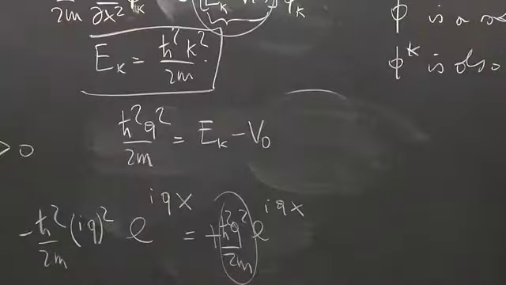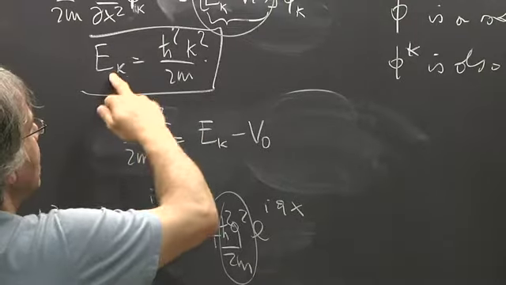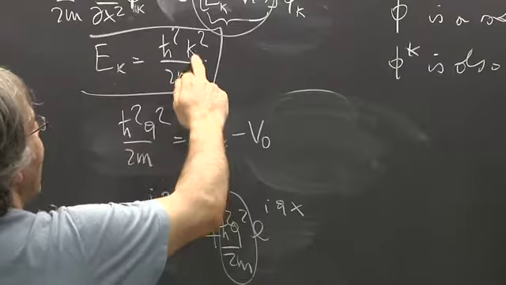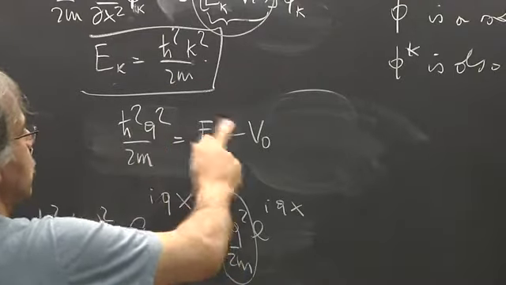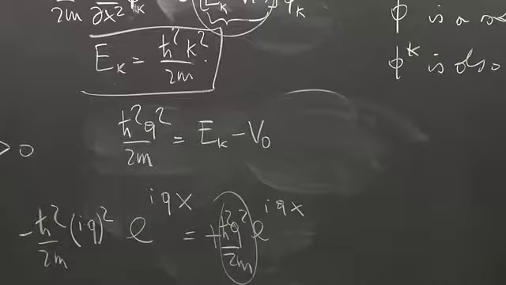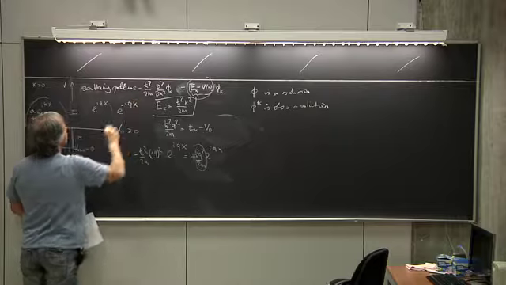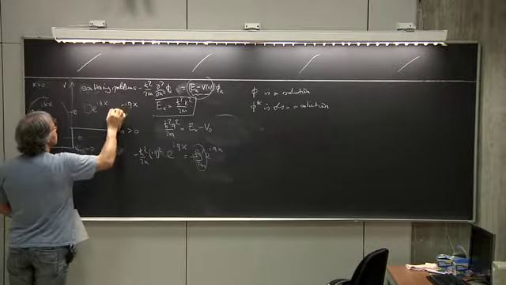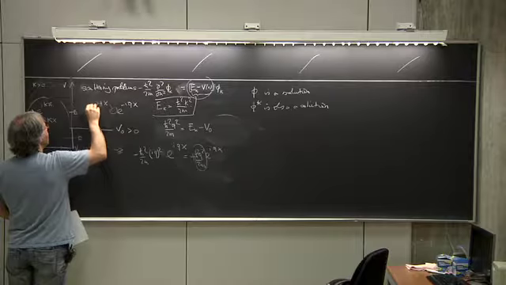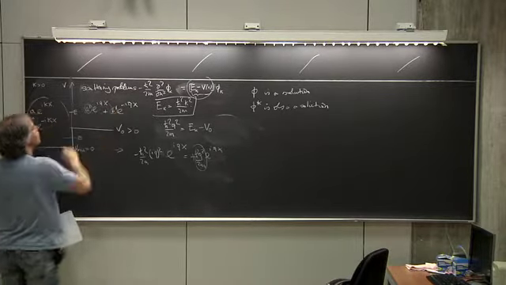Is this clear? Okay. So once you fix an energy, for instance, greater than V0, immediately k is determined by that energy, okay, through this relation, and immediately q is also determined by that energy. Once again, you have two solutions here, e to the iqx and e to the minus iqx, all right? And once again, you have two possible constants that you can put here, A prime and B prime, okay?